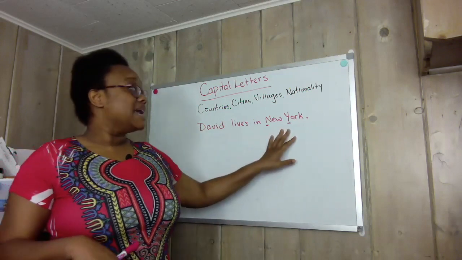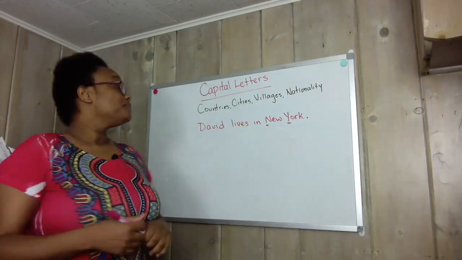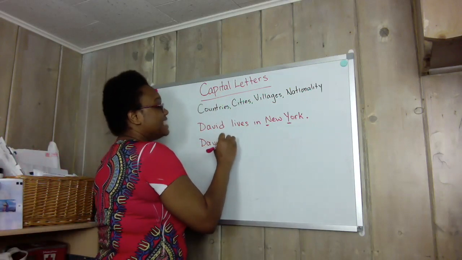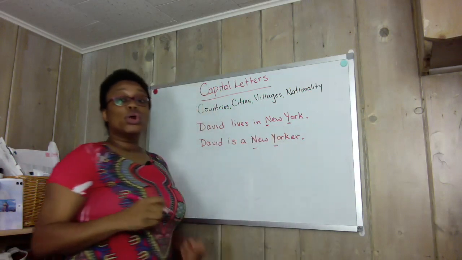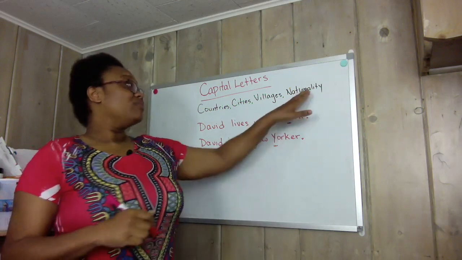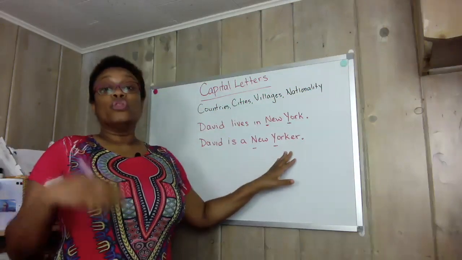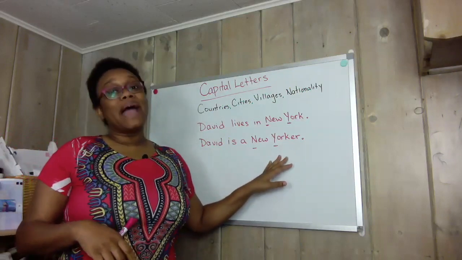Now, this names a specific city or a specific state. If I said that David is a New Yorker, referring to his nationality or the region that he comes from, that would also be capitalized.